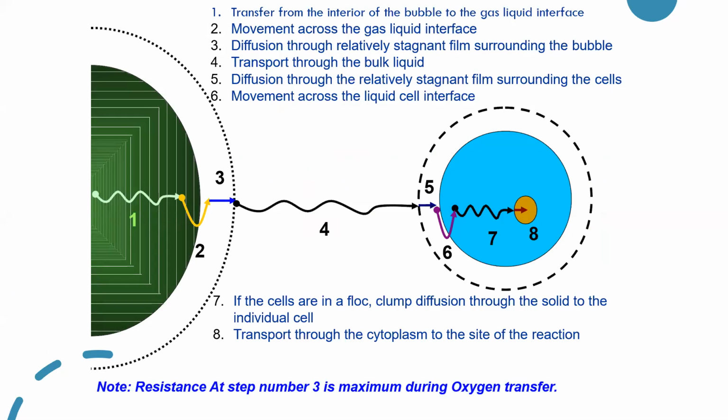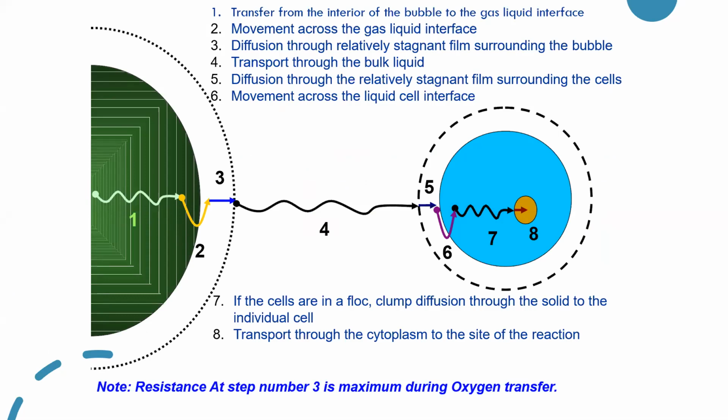The oxygen has to travel from deep inside the air bubble and come to the site of action within this blue cell. The concentration gradient between these two phases, the liquid phase and the gas bubble, is the driving force behind the transfer.